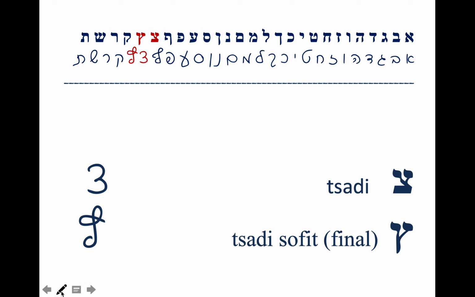The next letter is the letter tzadi, and the way you write it is this way. It's kind of like the number 3, but a little bigger than the rest of the letters. Tzadi, like this. Okay, let's try it again. Little circle, big circle.